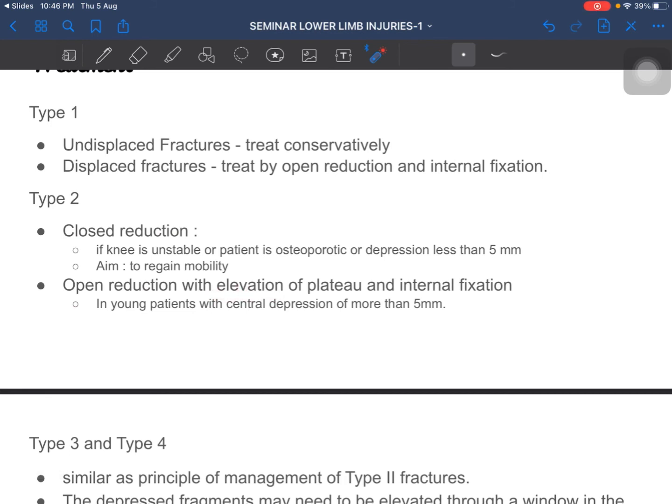The closed reduction is done when the knee is unstable or the patient is osteoporotic or the depression is more or less than 5 mm, which means between 4 to 5 mm, and the aim is to regain mobility. And the second one is in young patients with a central depression of more than 5 mm.